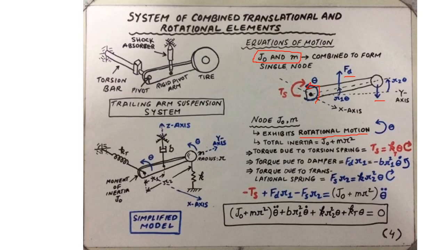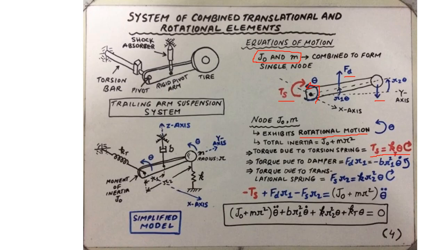So the other loading is already in the form of torques, that is the torque applied by the torsion spring, Ts. The expression was calculated in the previous slide, Ts equals kt times theta. The direction of this torque is clockwise.